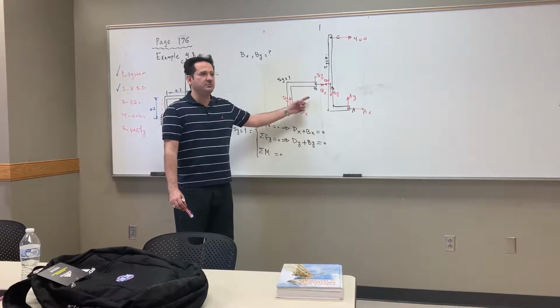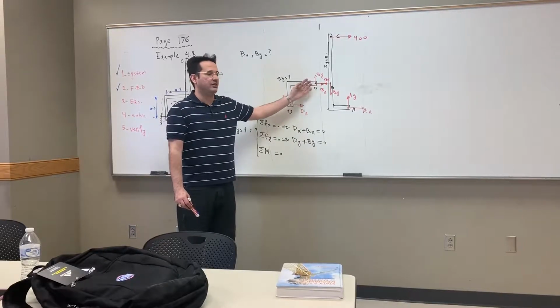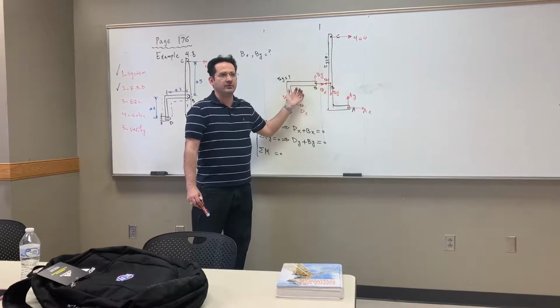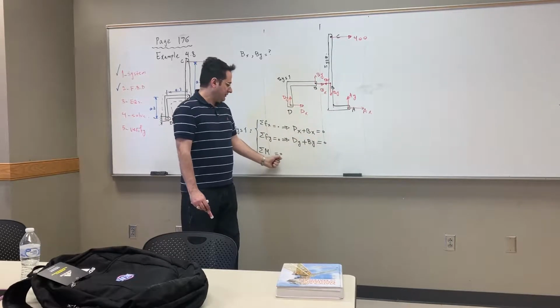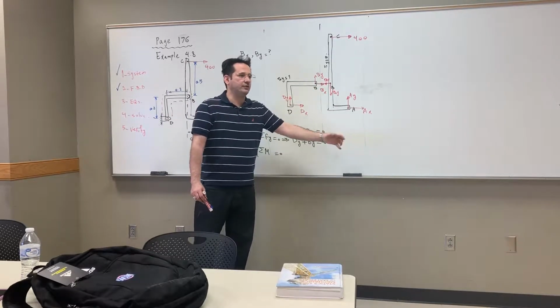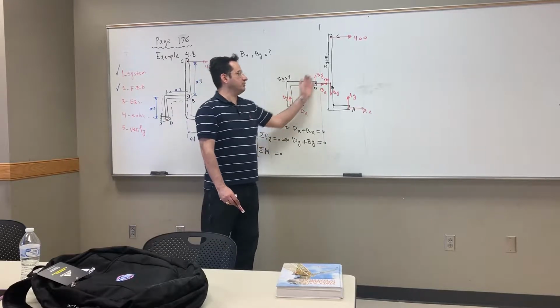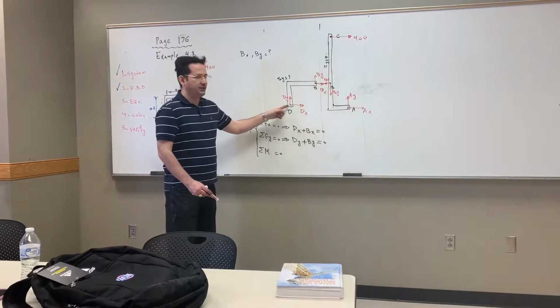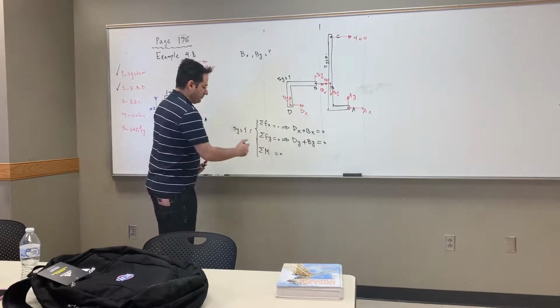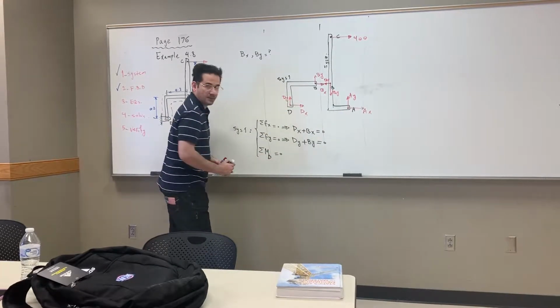And I need Bx and By, because that's the only way I can communicate to system 2 from system 1. It's through Bx and By. So if I can find out Bx and By from one of the systems, I can put it in the other system and solve for the unknowns, right? So I would choose D. So summation of moment about D is 0.